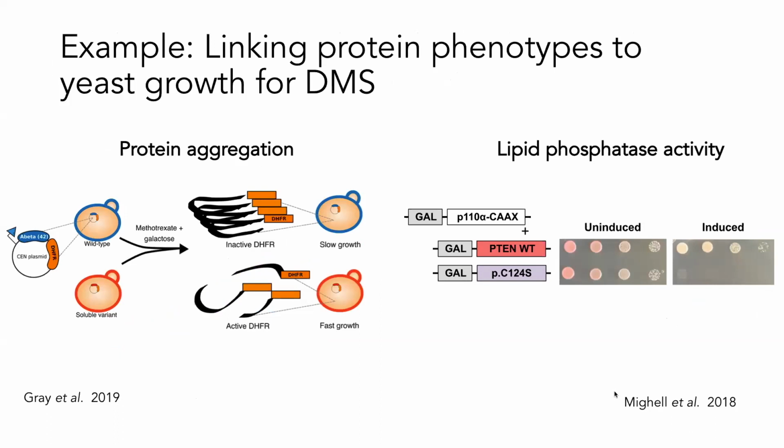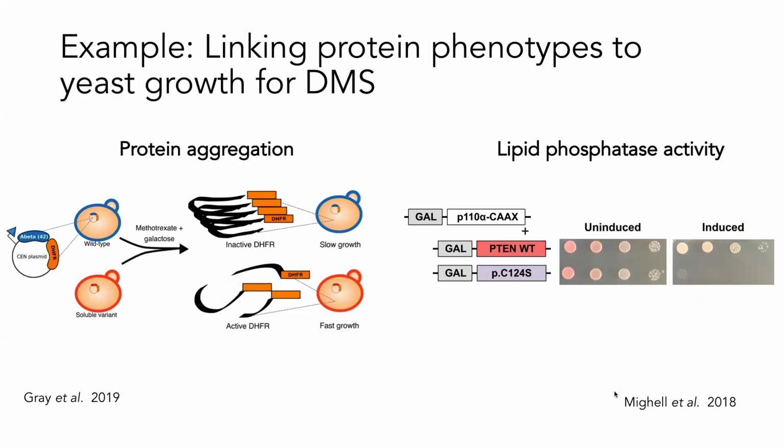As another example, other groups have taken protein phenotypes that might not necessarily be so easy to read out in the cellular system, like protein aggregation or lipid phosphatase activity, and have, through pretty clever engineering strategies, I think, converted these functional readouts into a yeast growth assay, which is a very straightforward functional selection to work with.